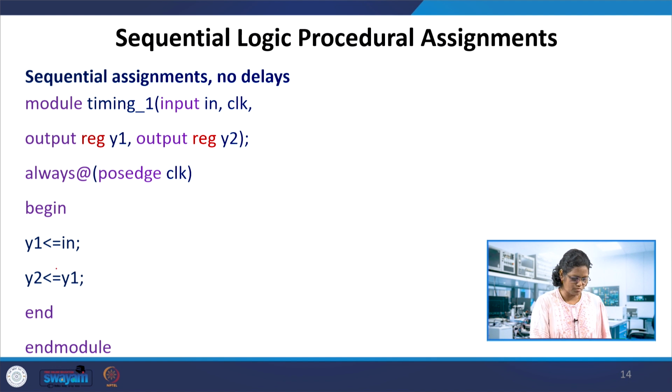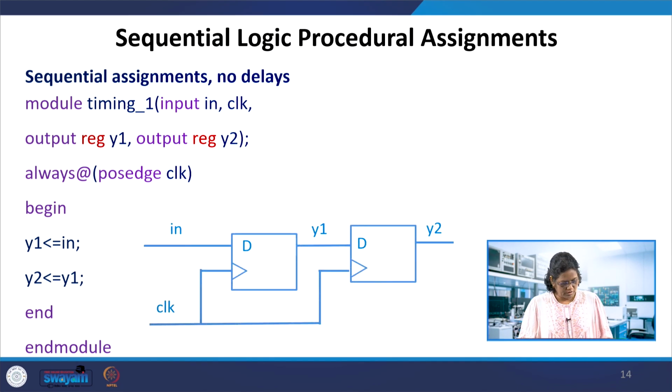After that, y1 and y2 get the output. So in that case, y2 gets not the updated y1, but the old value of y1.